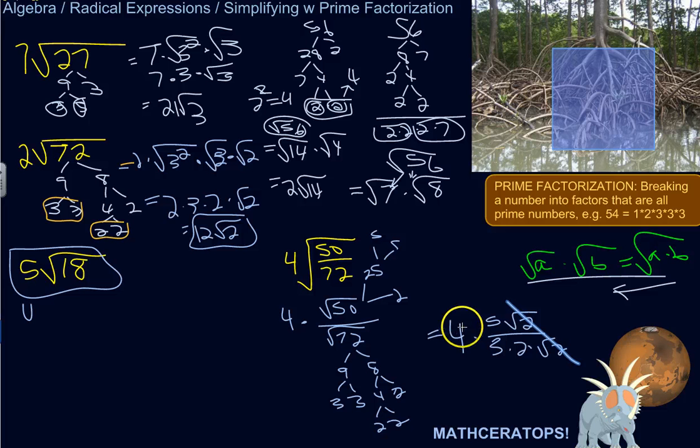So we've got 4 times 5 over 3 times 2, which is 6. 4 times 5 is 20. So this is 20 over 6. And then we could break that down a little bit.